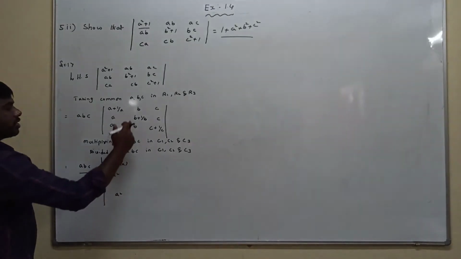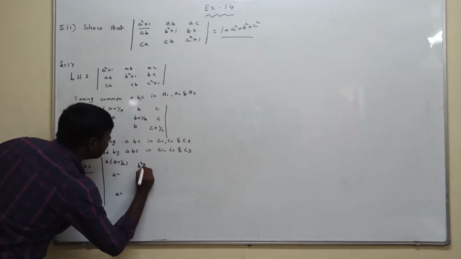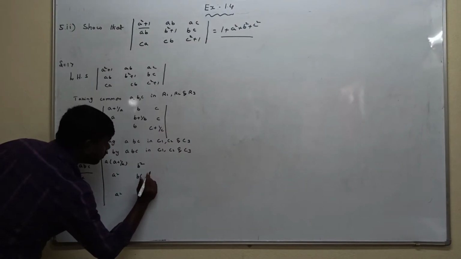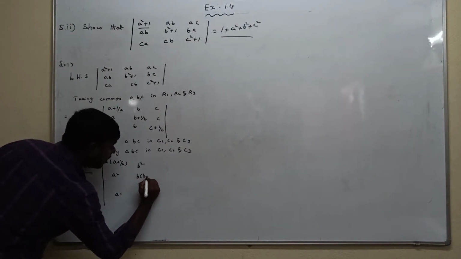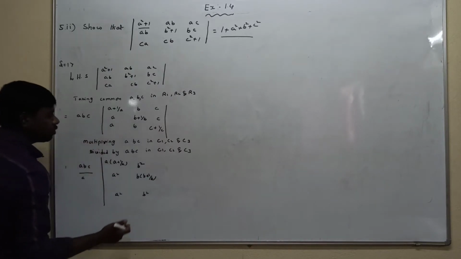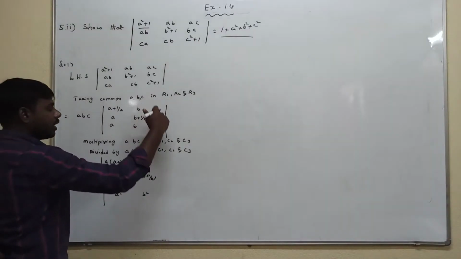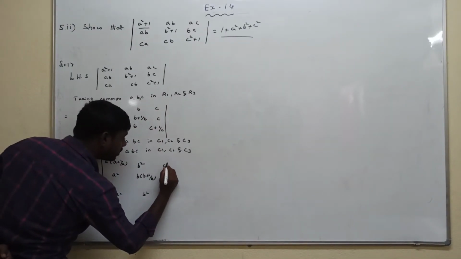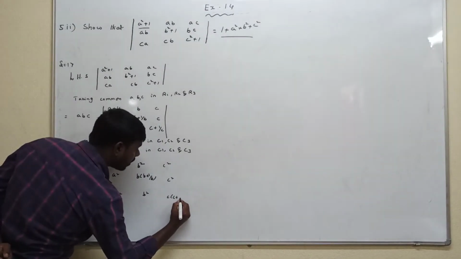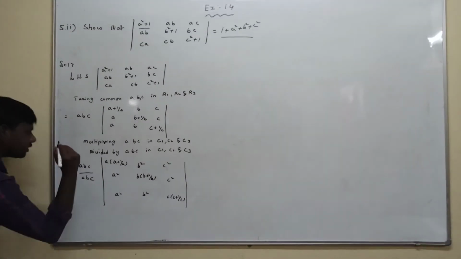Next, second column multiply with B. So B into B, B square, B into B plus 1 by B. Next, third column multiply with C. C into C, C square. So C into C plus 1 by C. So multiply with C divided with C.